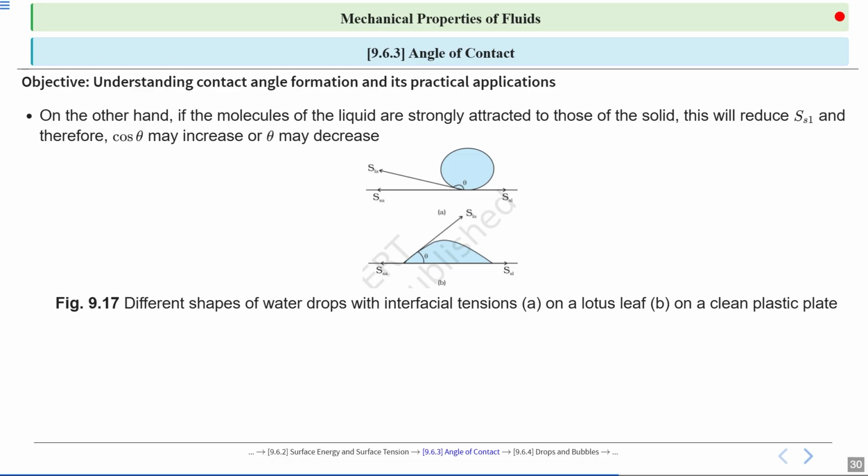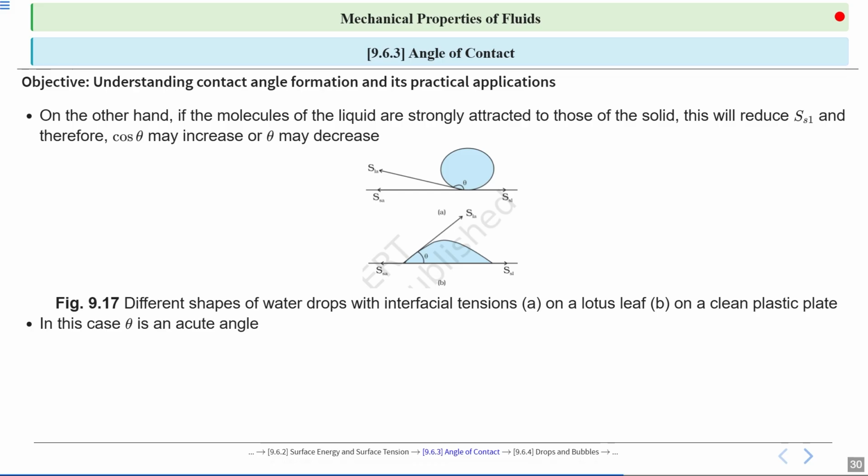When SSL goes down, the value of cos theta increases, so the contact angle theta gets smaller. So on the lotus leaf, water forms a bead with a large angle, but on the plastic plate, the drop spreads out more, showing a smaller angle. This difference is all about how the liquid and solid interact at the molecular level.